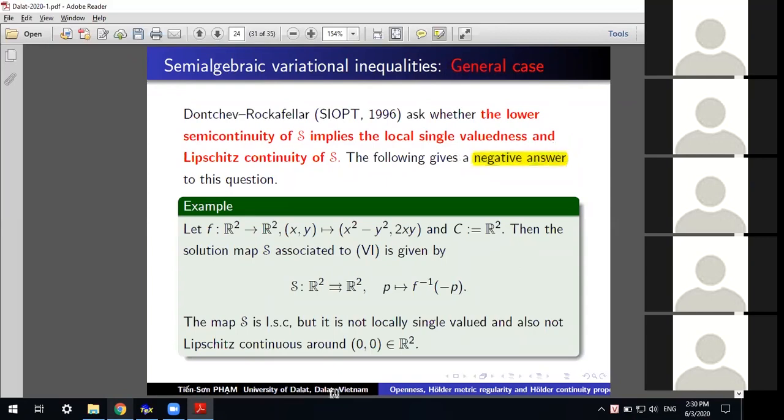Let F be this function and C as given. Then the solution map S corresponding to the variational inequality is given by this. We can see that the map S is lower semicontinuous, but it is not locally single-valued and also not Lipschitz continuous around the origin in R^2.